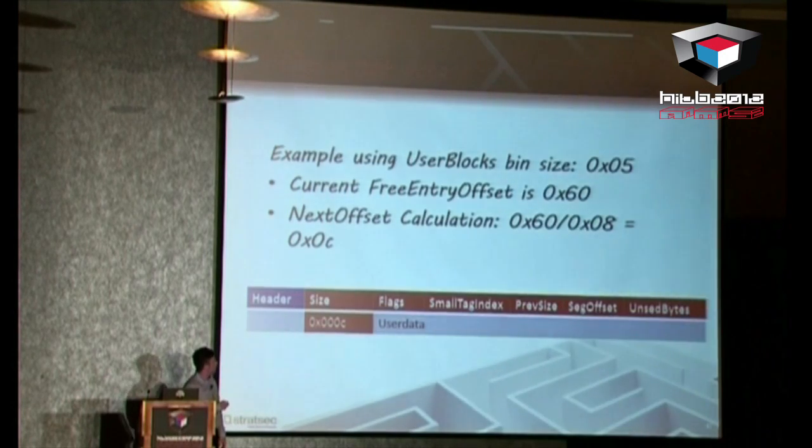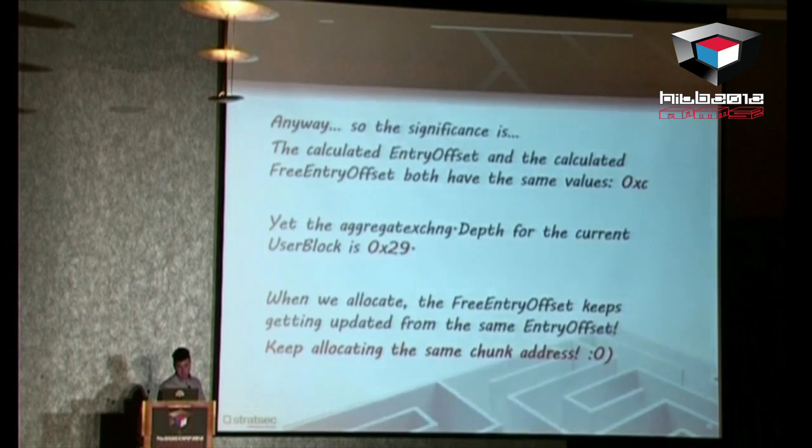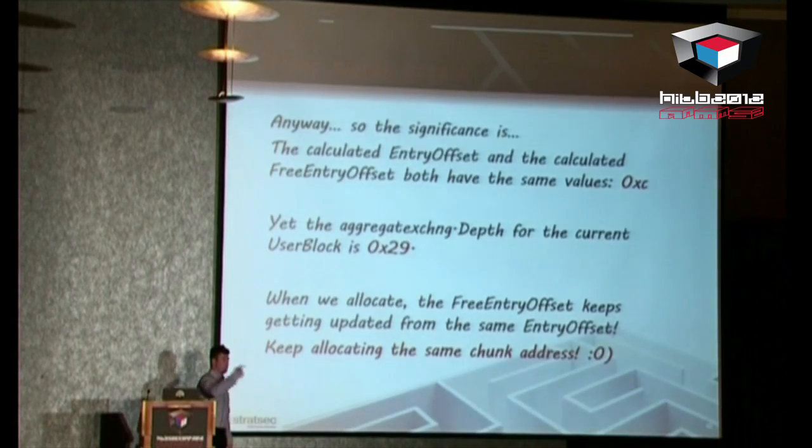Then you set the calculated next offset so that the free entry offset divided by that value will give you the same value as the next offset. So those values will be matching, and then when you cause the next allocation, it will just update the free entry offset to the same value.